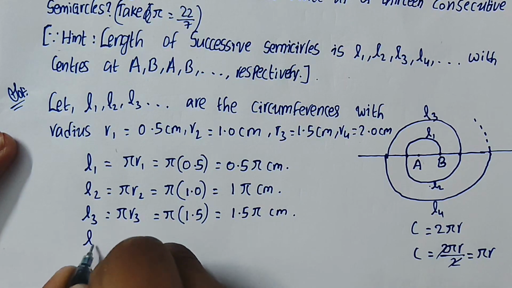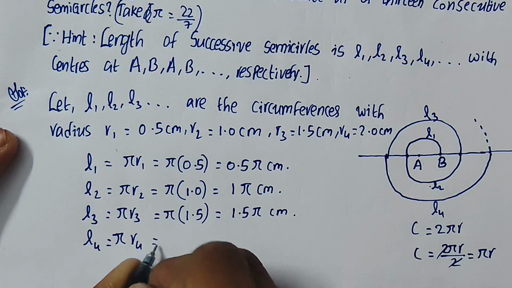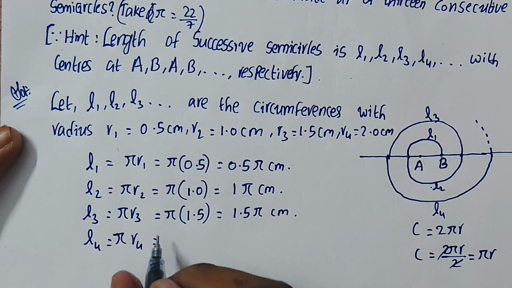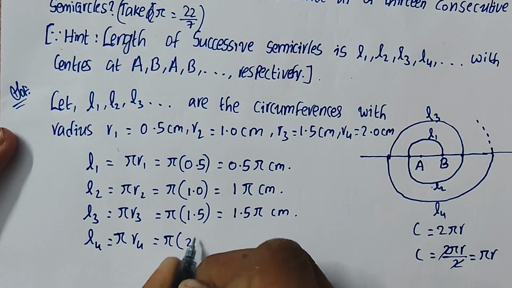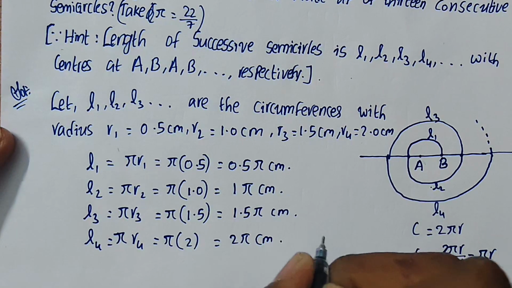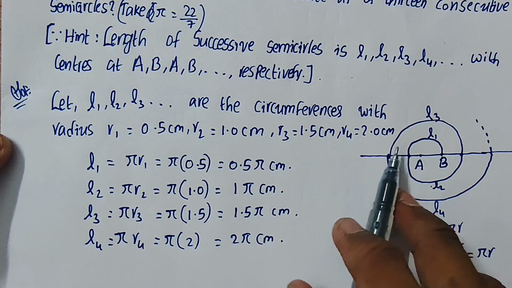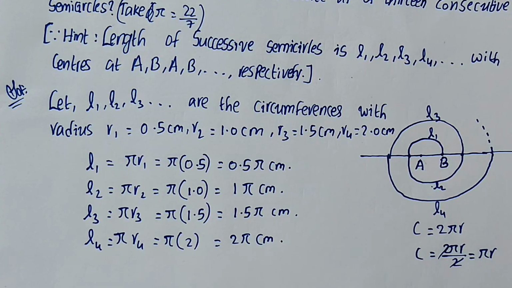After that, L4 is equals to pi into R4, pi into 2 is equals to 2 pi centimeter. So these are the circumferences of the semicircles given in the figure.